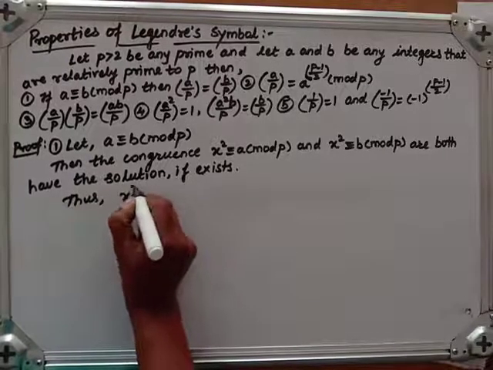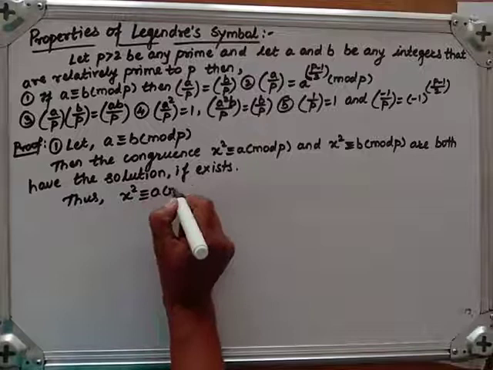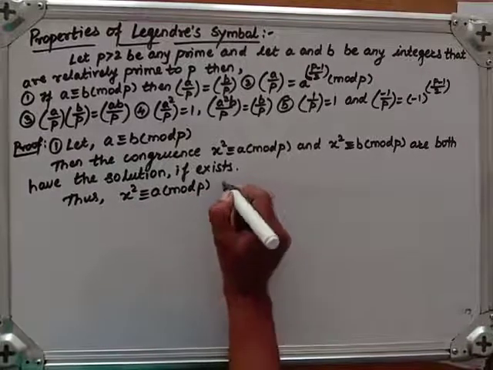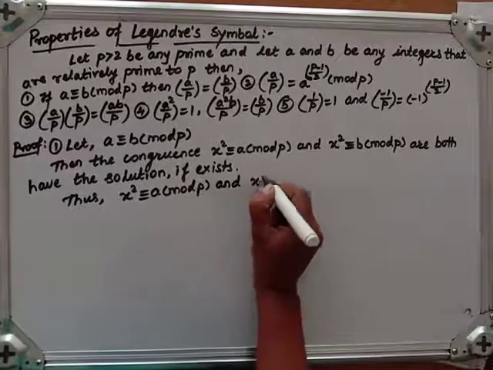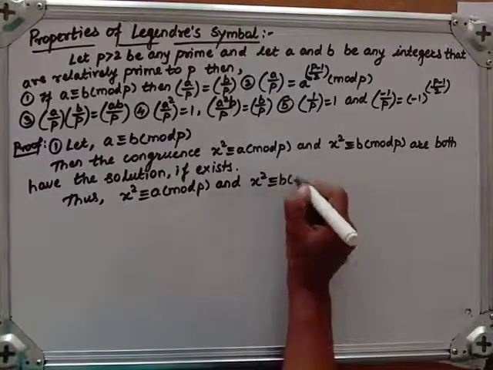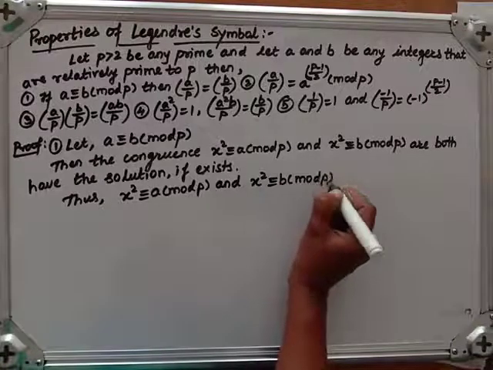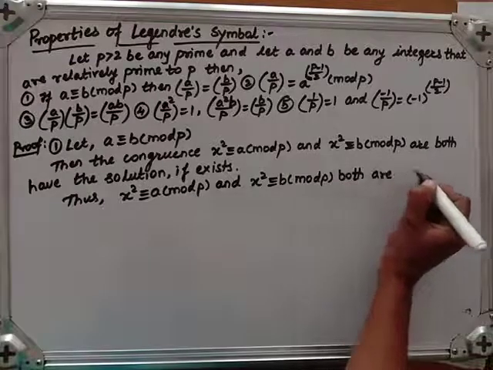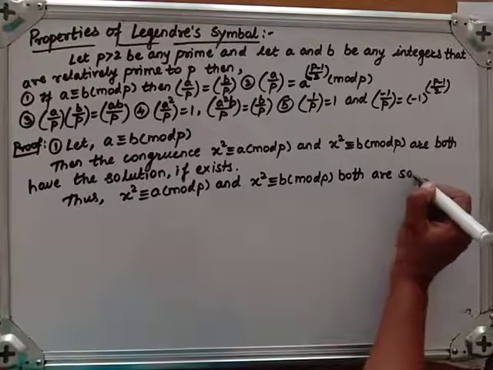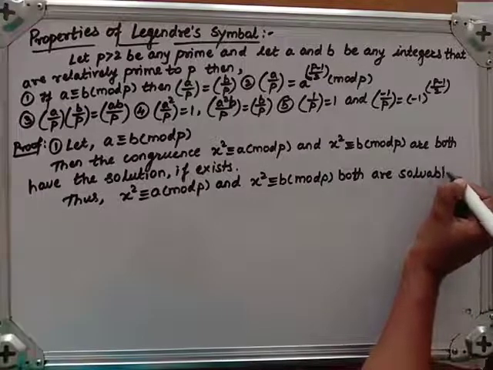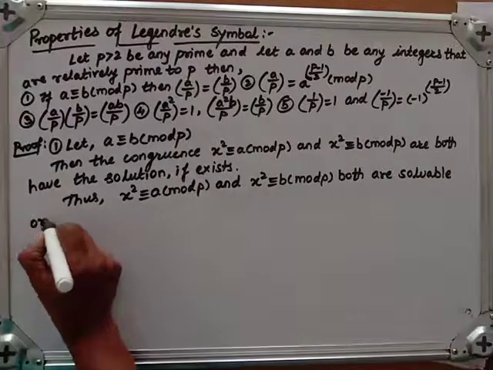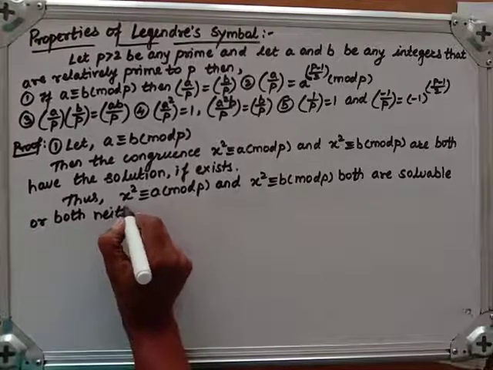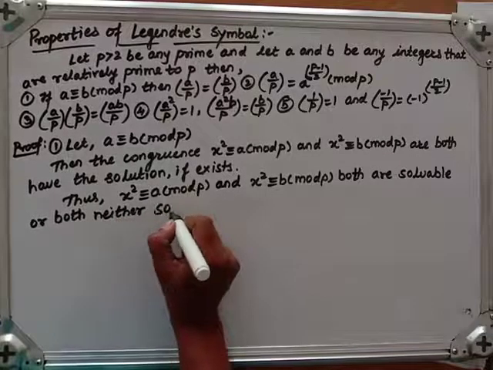Thus x square congruent to a modulo p and x square congruent to b modulo p are both solvable or both neither solvable.